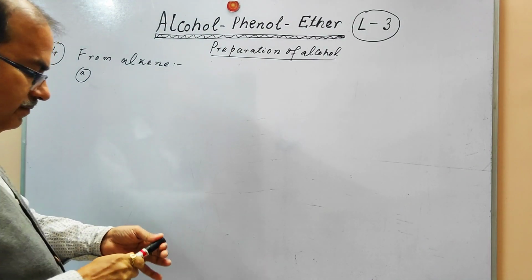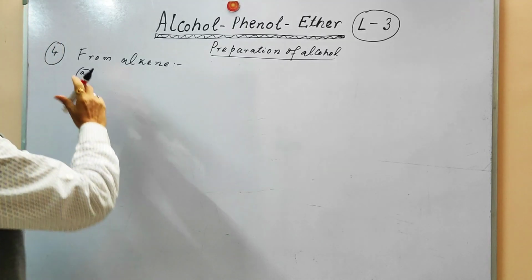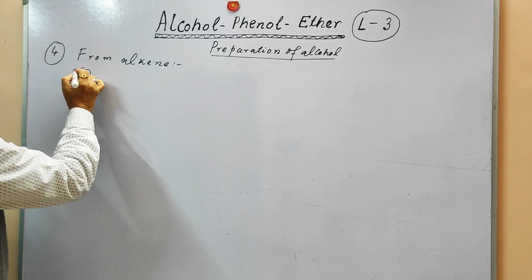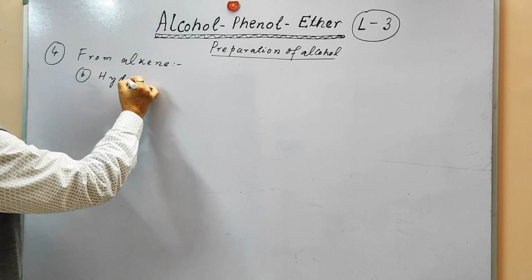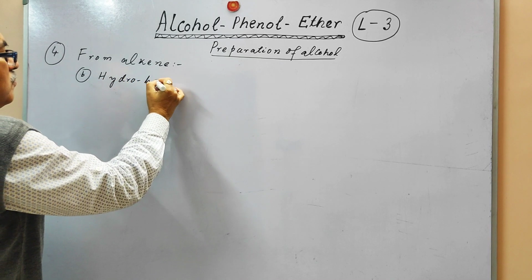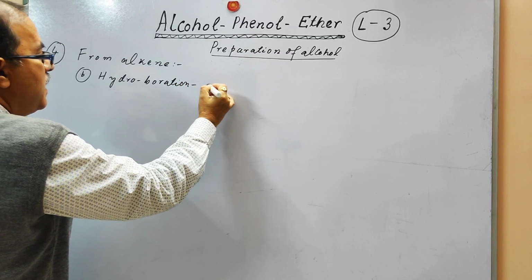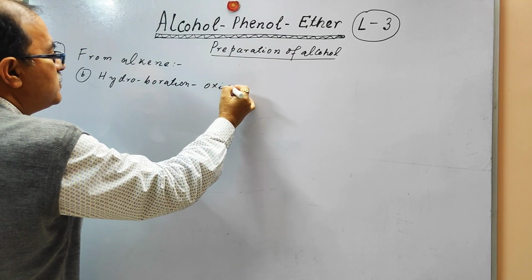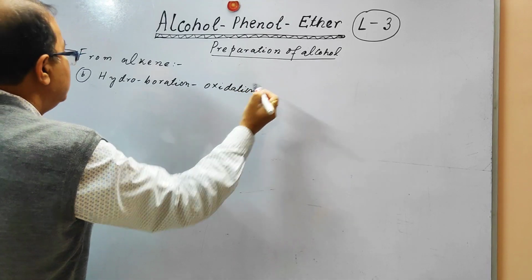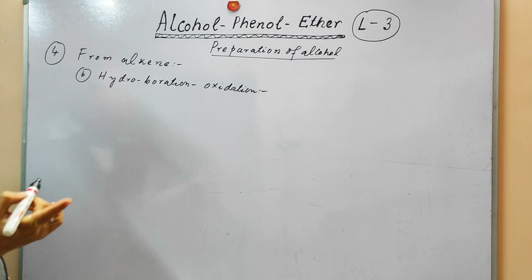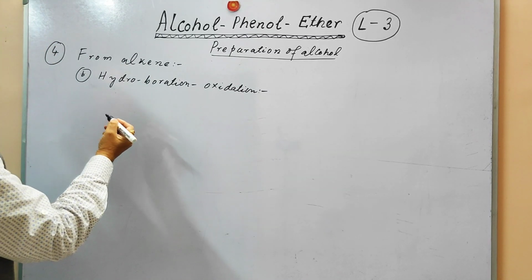Another way that we can use is hydroboration and oxidation. This is also a step by which we can convert alkene into alcohol by the reaction of diborane.